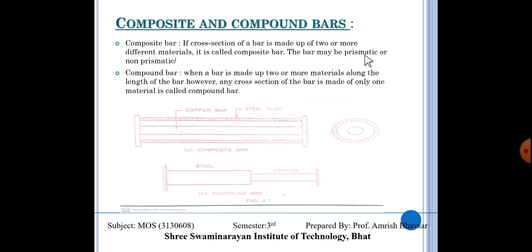The bar may be prismatic or else non-prismatic. Now what is a compound bar? When a bar is made up of two or more materials along the length, however any cross section of it is made up of only one material, it is called a compound bar. Means different materials are joined together at its joint. Clear?